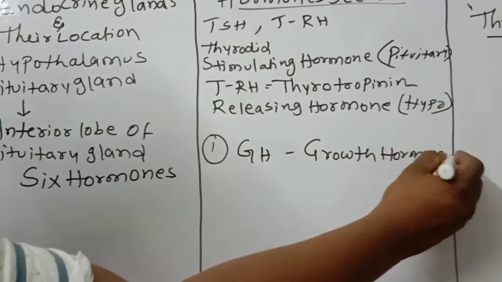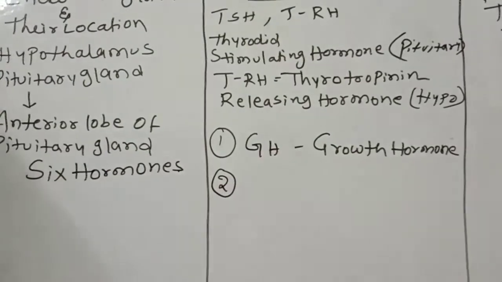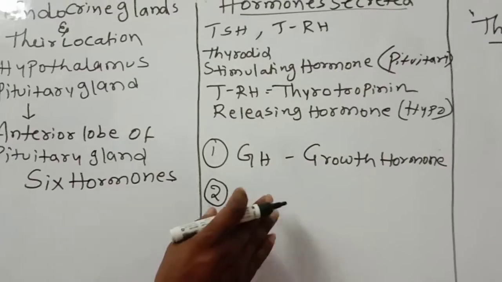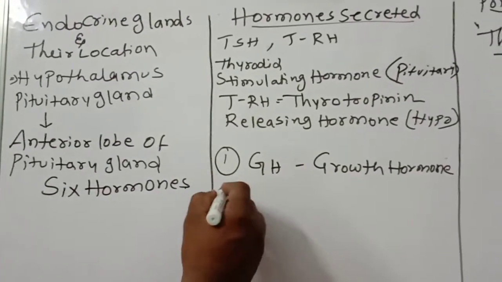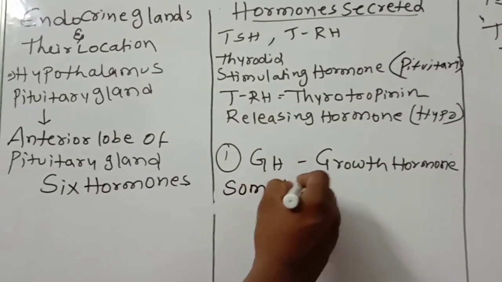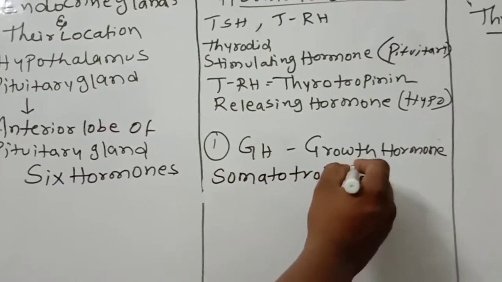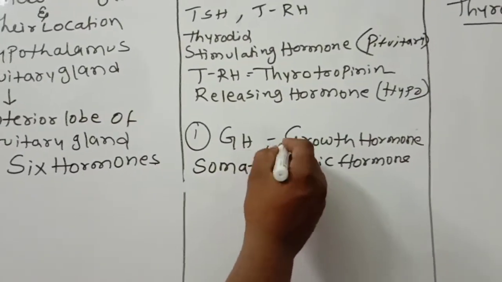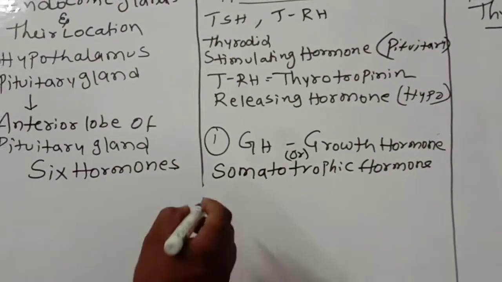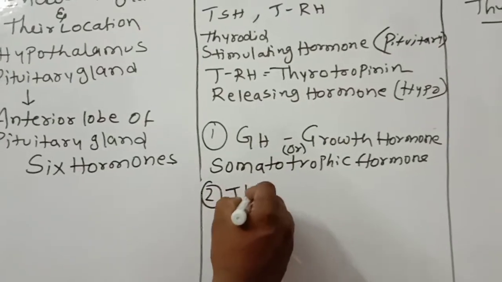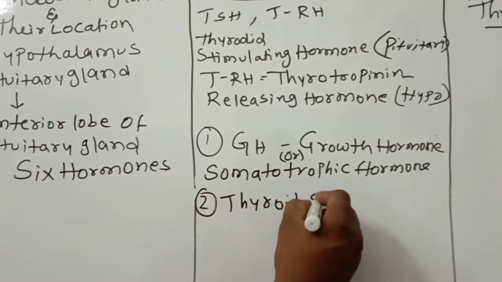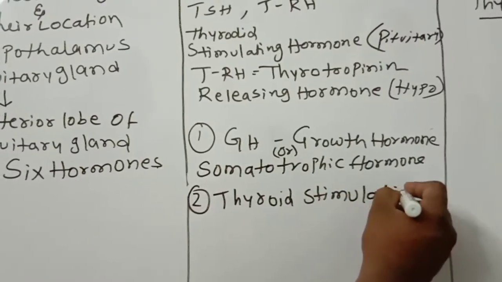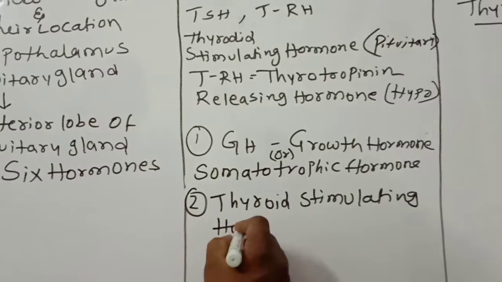What is the second one? Very, very important. Growth hormone is also called somatotropic hormone. Next, TSH, thyroid stimulating hormone.